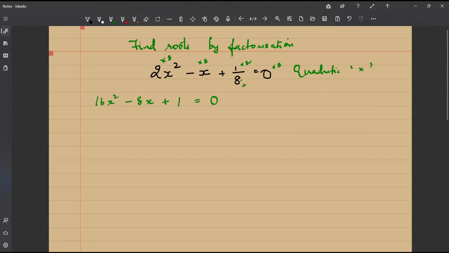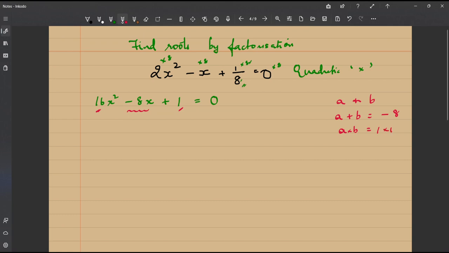Now let's continue with factorization. We have to do the grouping in order to factorize. So the middle term, minus 8x, has to be split. How do we do the splitting? We should find two numbers a and b such that the sum of the numbers is equal to the coefficient of x, minus 8, and the product of the numbers, a into b, is equal to 1 multiplied by 16, the constant term multiplied by the coefficient of x squared.